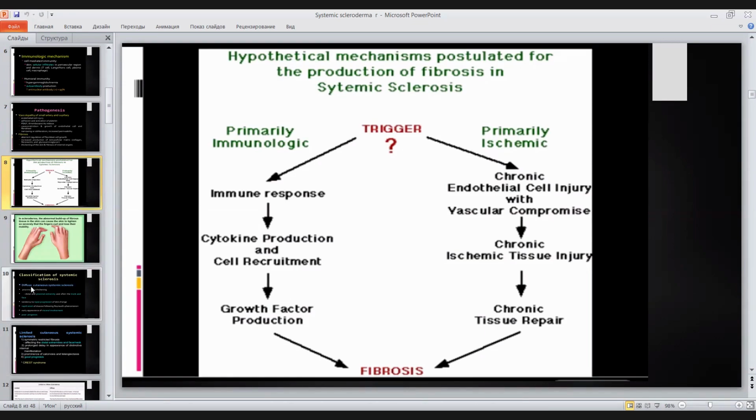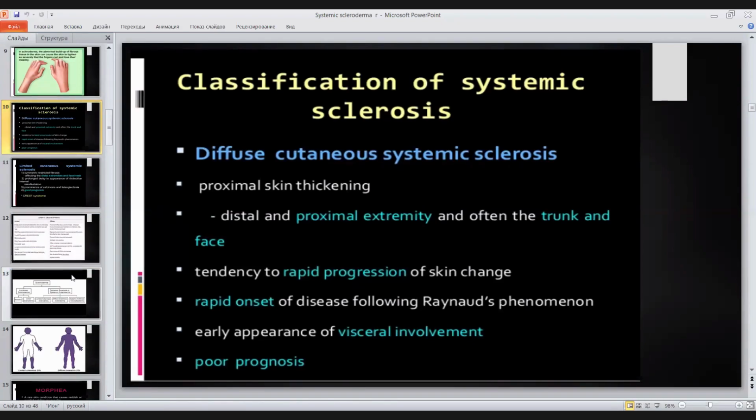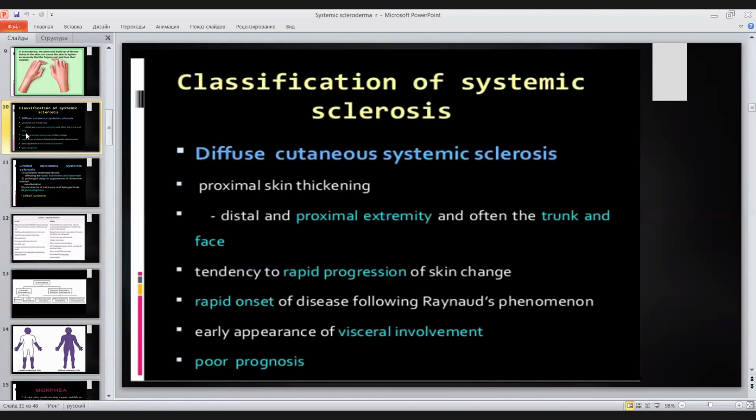Okay. And as usual, for classification of this disease, we have two big types. First, called diffuse cutaneous systemic sclerosis, and second, called limited cutaneous systemic sclerosis: diffuse form and limited form. Now, pay attention, students.